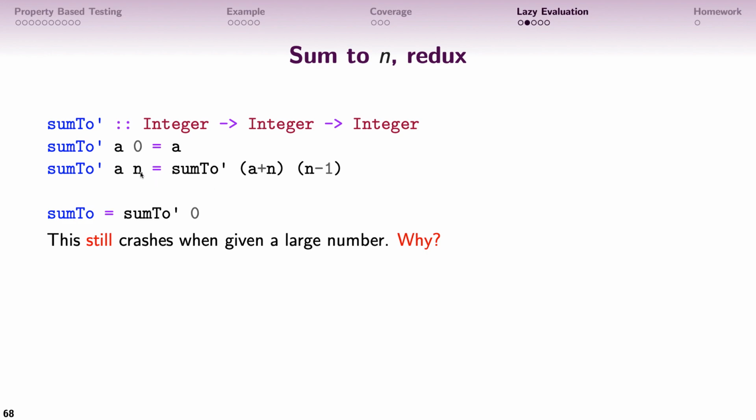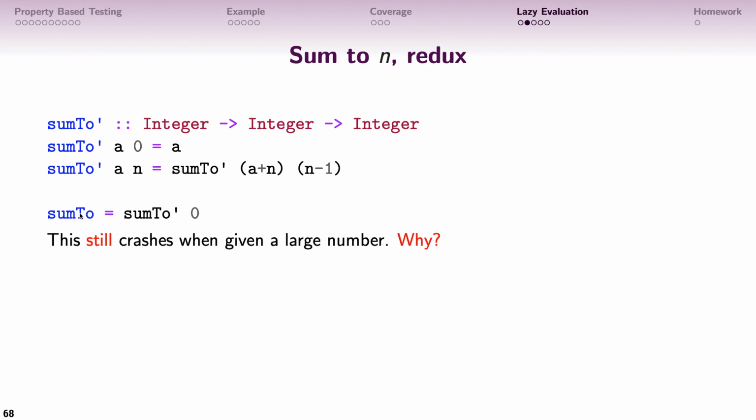Each time we see an n, we add n onto our accumulator and recurse down to n minus 1. And then once we hit 0, we return our running total. And we start out our running total at 0 to give us our original sum2 function. So this is still going to crash when given a large number. It would crash after a larger number, but it would still eventually crash if I gave it a big enough number.